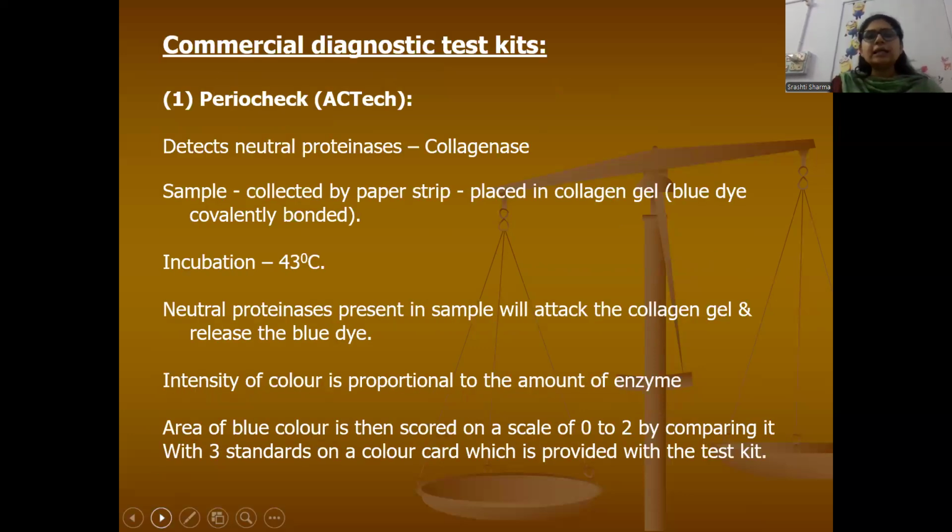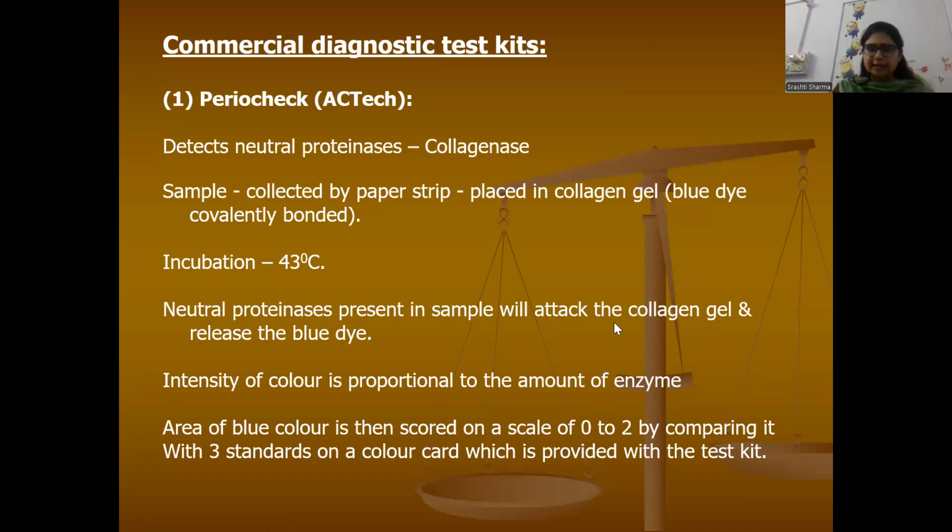So now what are the commercial diagnostic test kits? They are available, like PerioCheck. It detects natural proteinases, that is collagenase. Sample is collected by a filter paper strip placed in collagen gel, which is blue dye covalently bonded.